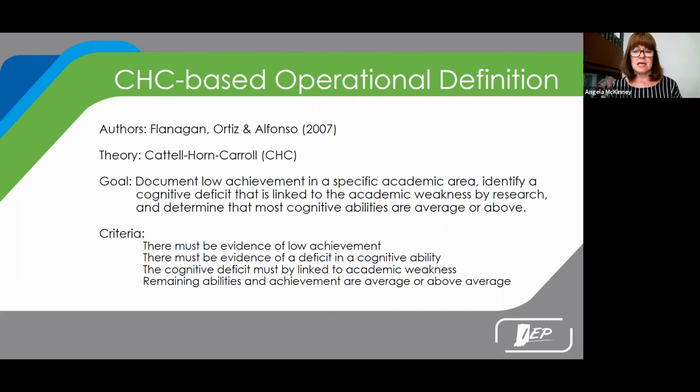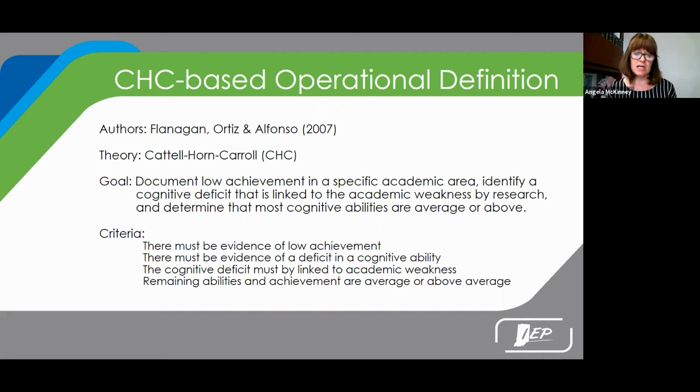But it basically says you should have an otherwise normal profile. So when you pull out the piece that we're thinking is part of the learning disability, then everything else should be pretty much average or even above average. Now, this kind of leaves out a lot of our kids who we would think of in the slow learner range, our kids that maybe have a 75 IQ, right?